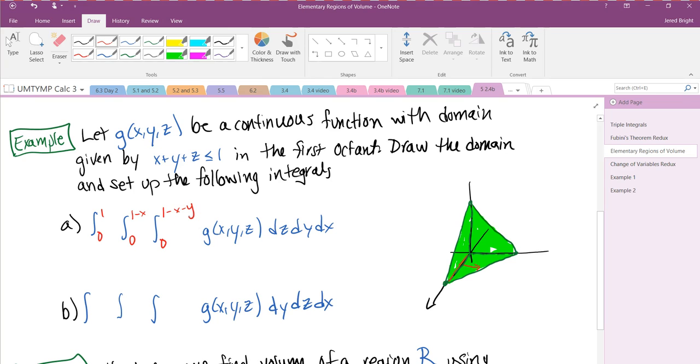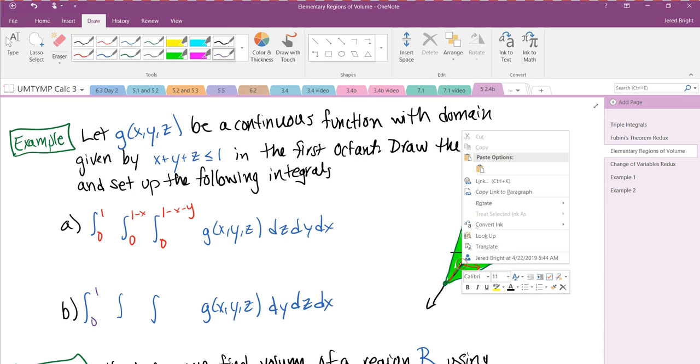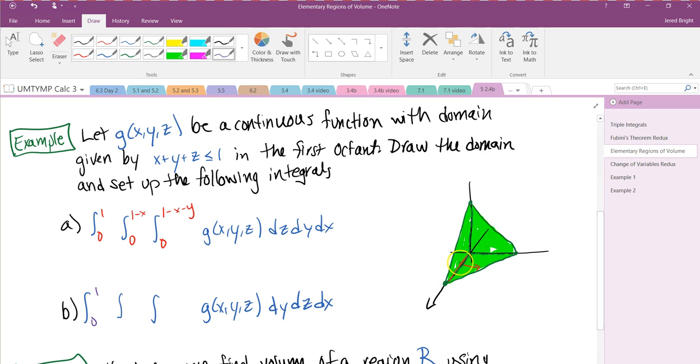And then in part B, all we're doing is changing the order. So if we want x to be last, that really hasn't changed. But then now I have to look in the xz plane. So if I'm doing that, let's put this in purple just for change, 0 to 1. Okay, so in the xz plane, z is going from 0 up to 1 minus x.